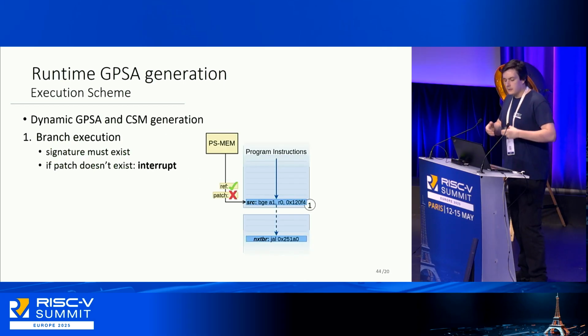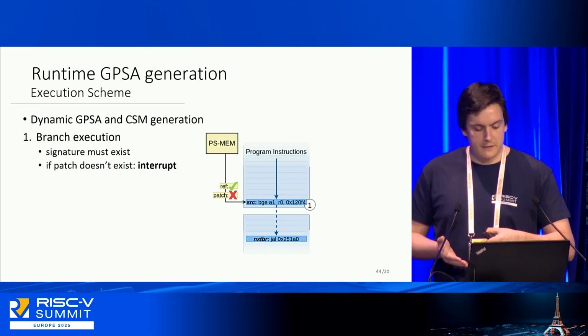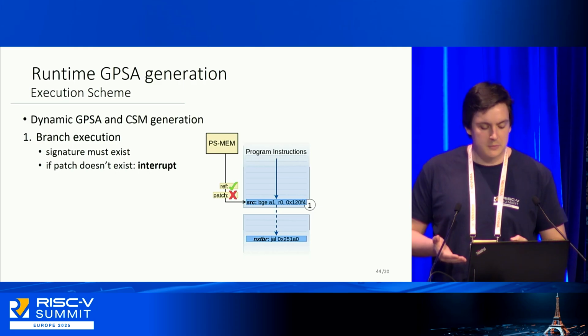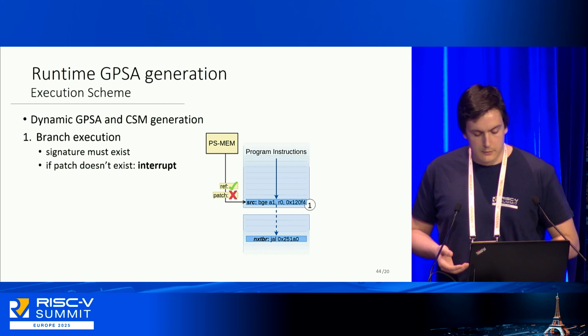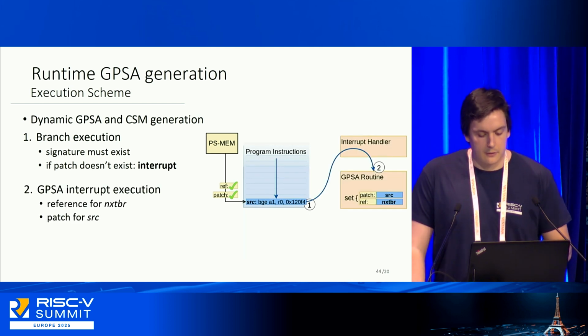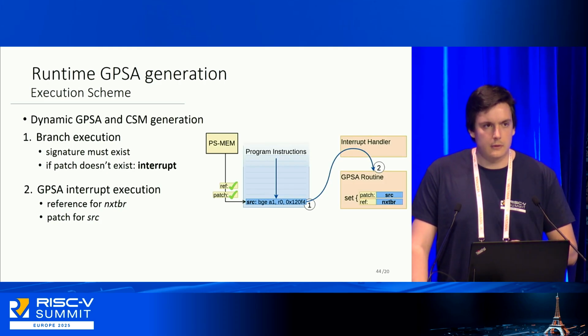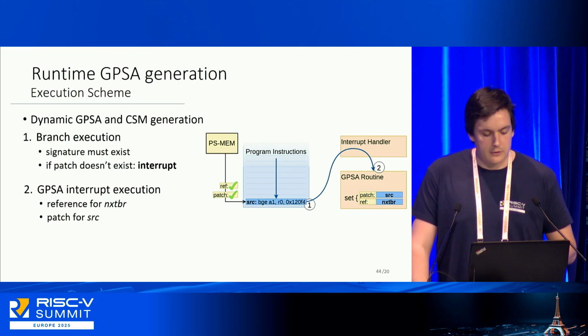During the execution of the program, when a control flow instruction is executed, a dedicated memory added to the core is queried for the GPSA values of this instruction. If they are missing, an interrupt is raised, and a GPSA software routine generates the missing values.